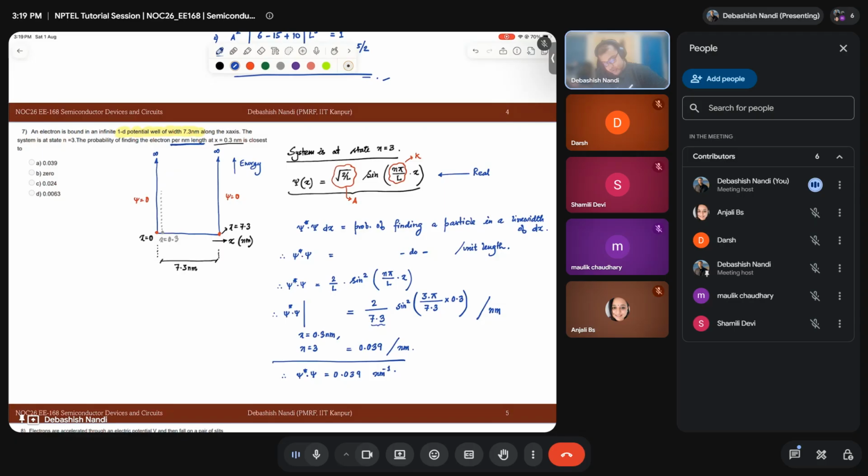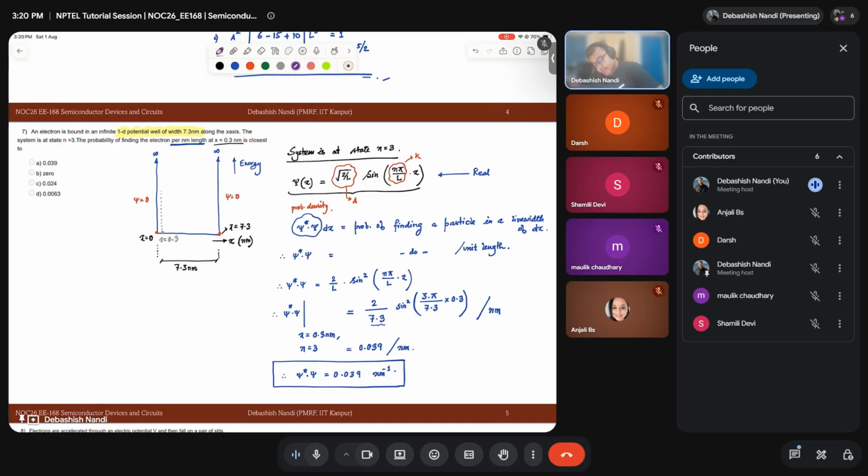So this is how you solve it for probability density. In this case, particularly probability density, because the density part is coming from this per unit length part, right? So this quantity is probability density.